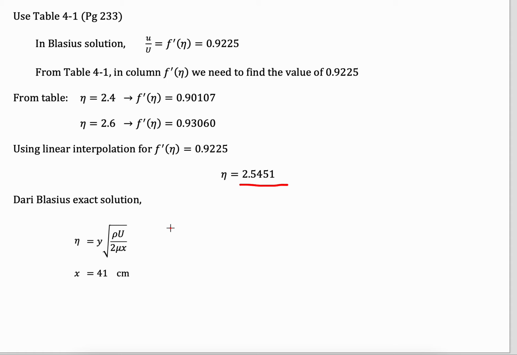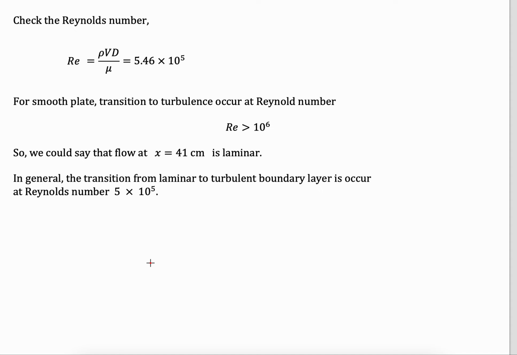We know from the equation here that eta is equal to y times the square root of rho U over 2 mu x. You could refer to the previous lecture. So we can calculate the value of x, which is 41 centimeters.